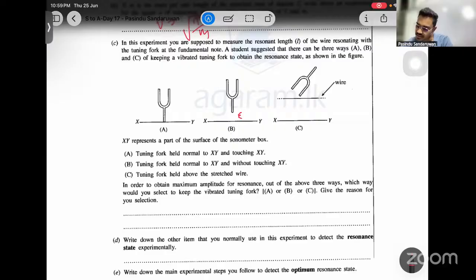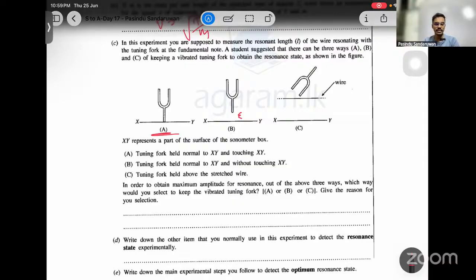A popular question. That must be A. When the tuning fork is kept on the sonometer box, it transmits energy to the box. Otherwise, that transmission of energy is not that rich.